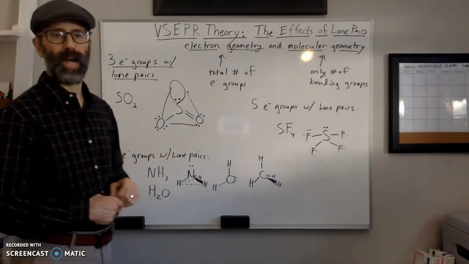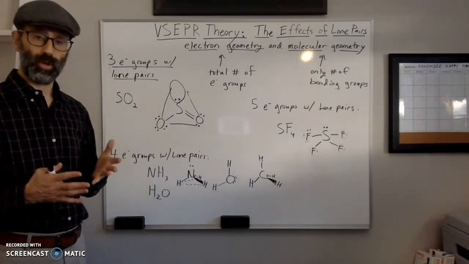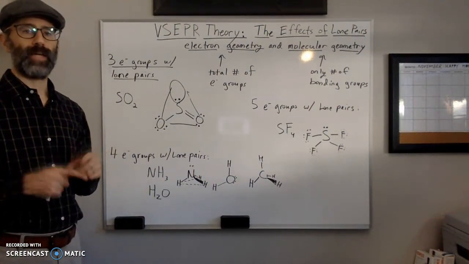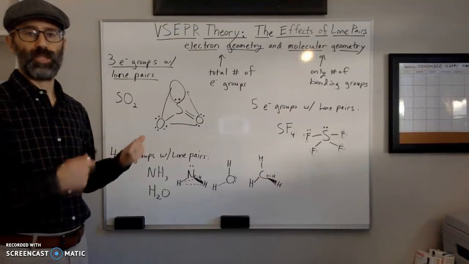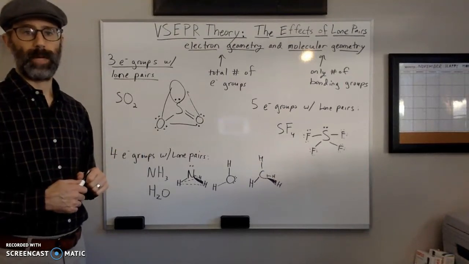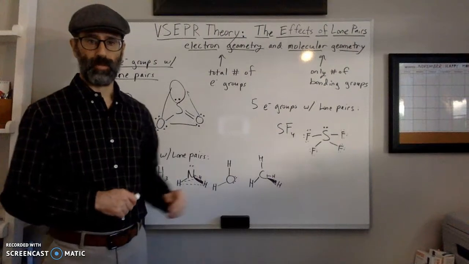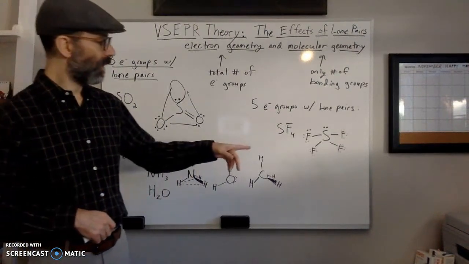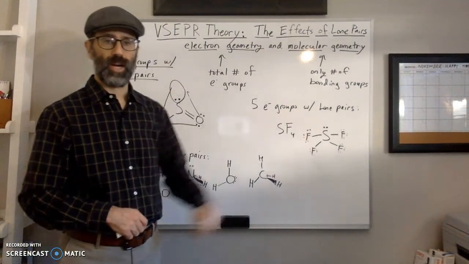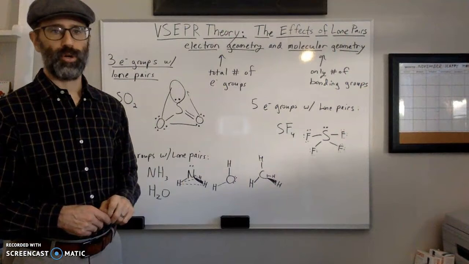Again, if you have 5 electron groups total, bonding and non-bonding, we said that was going to be trigonal bipyramidal. So this has a trigonal bipyramidal electron geometry. But because it's got lone pairs there, the molecular geometry is going to be different.